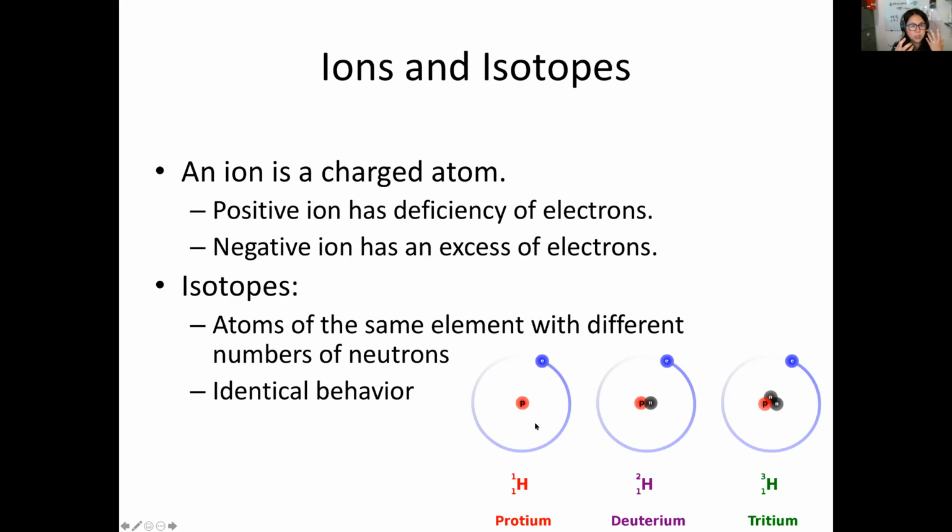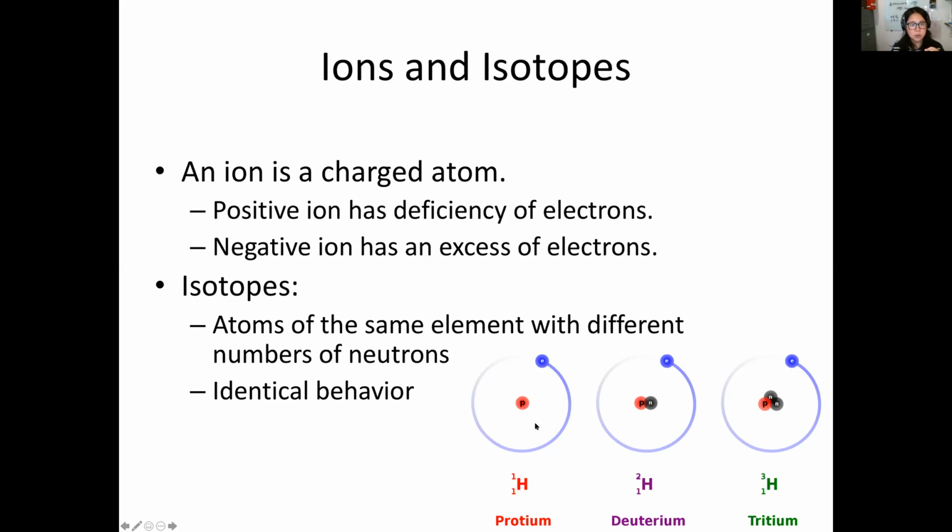Is it electrically charged? No, it still has the same number of protons and the same number of electrons, so both of them are electrically neutral. Does the element change? No. Either way, the number of protons stays the same, so it's exactly the same element.